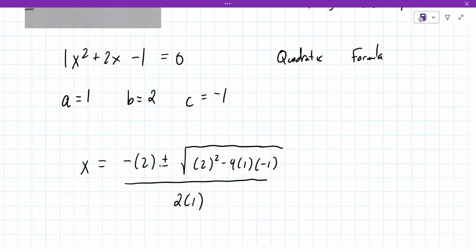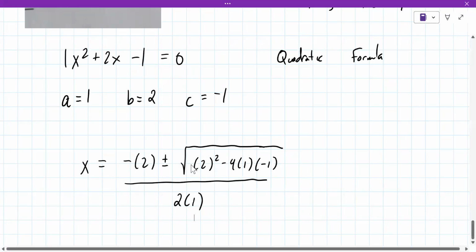All right. I do remember doing a little ABC. So we're going to focus on the part under the root here. 2 squared is 4. 4 times 1 times -1 is -4, but it's paired with this negative to make a positive.